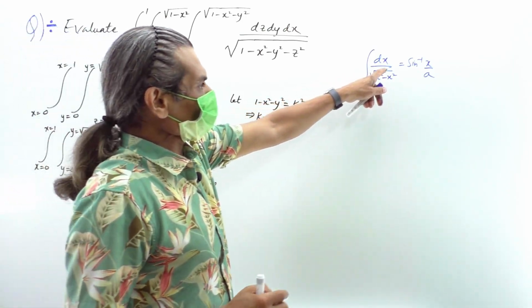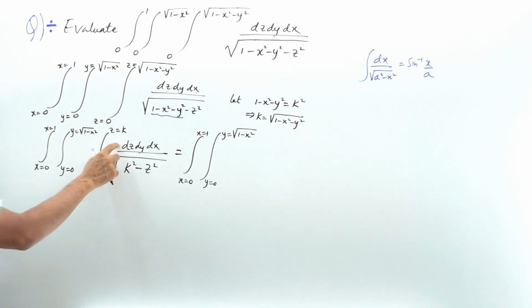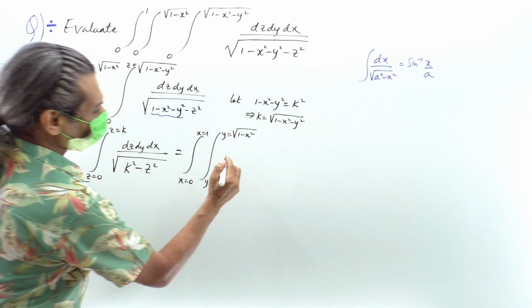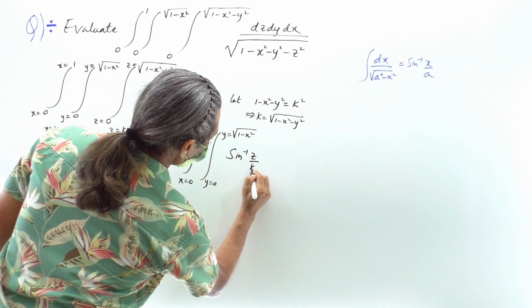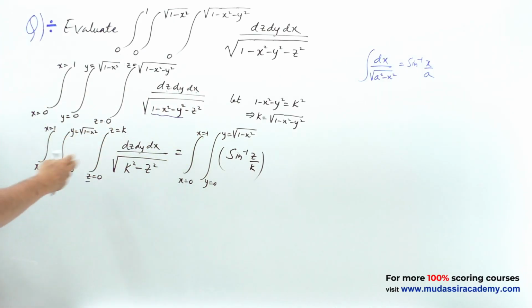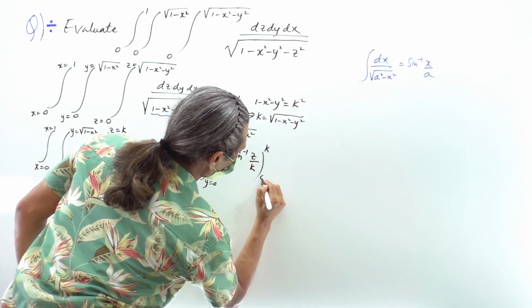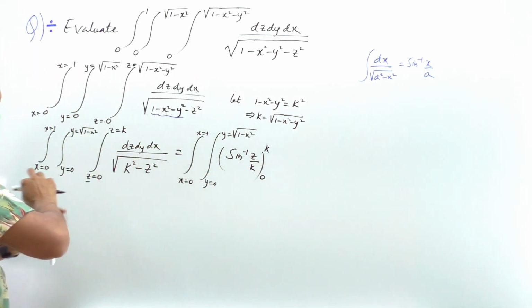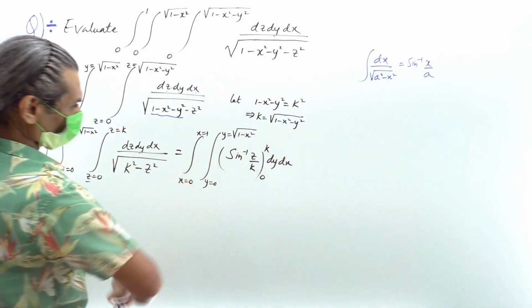Since integration of dx by root of a square minus x square is sine inverse x by a, integration of dz by root of k square minus z square is nothing but sine inverse of z by k. We integrate this, the integral sign vanishes and the limits are from 0 to k. What remains now? dz is gone, so dy and dx.